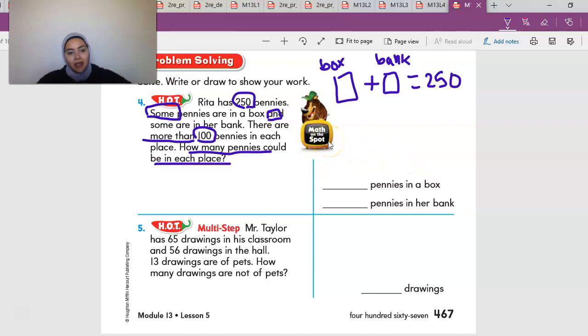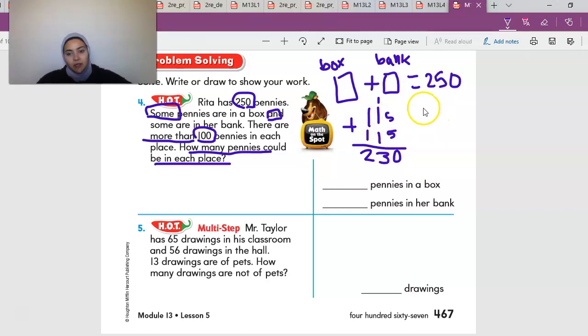How about 115? Let's try that. 115 plus 115, because remember, we're guessing and checking. This is a guess, and now I'm checking. 5 plus 5 is 10, and 1 plus 1 plus 1 is 3, and 1 plus 1 is 2. That's 230. Is that enough? No, this is 250, so that means these numbers have to be bigger.